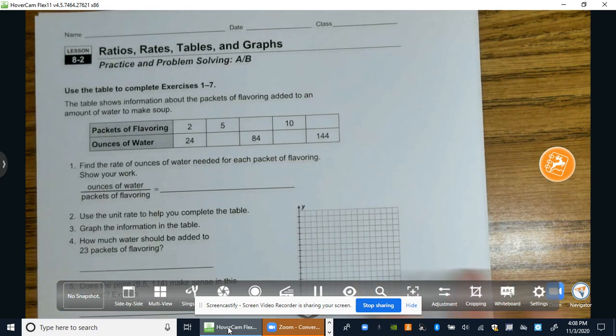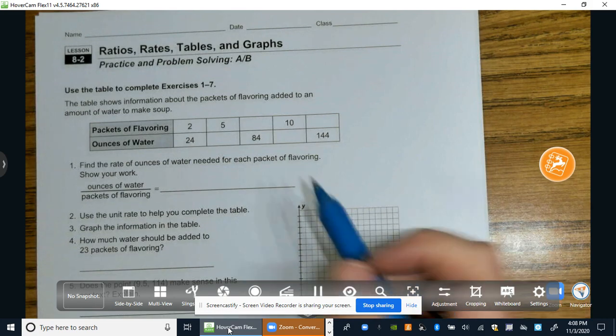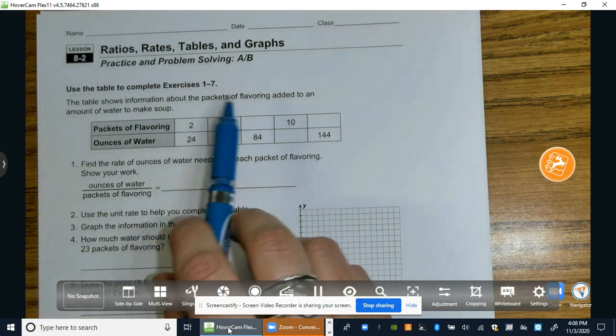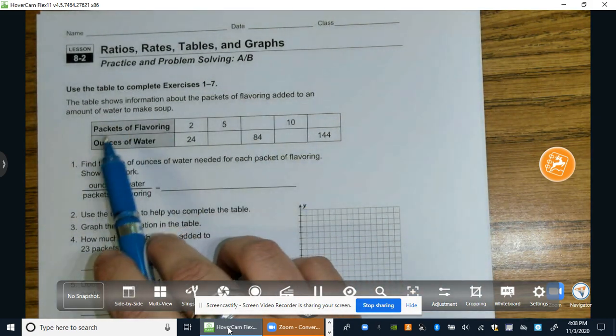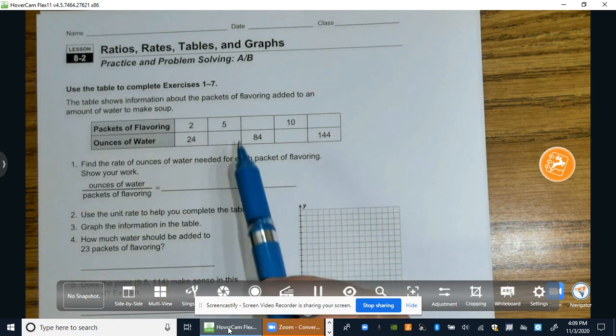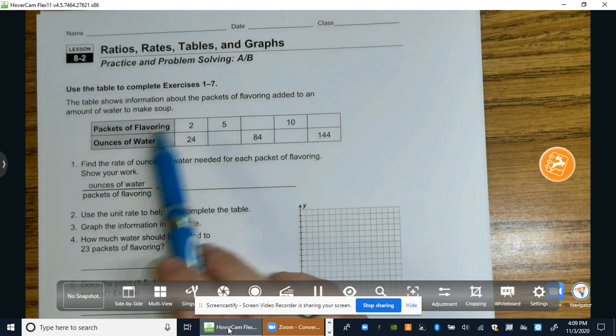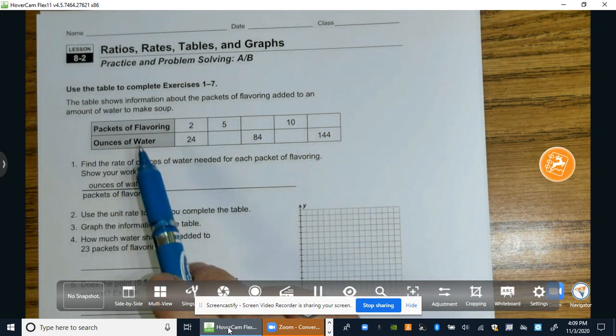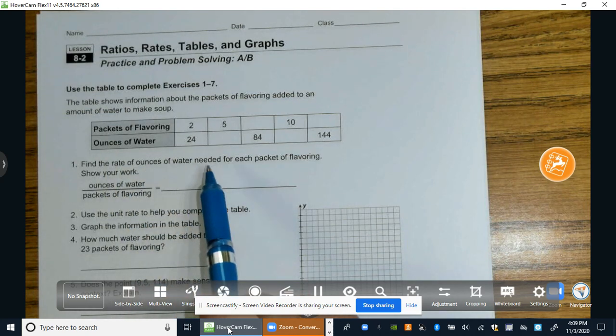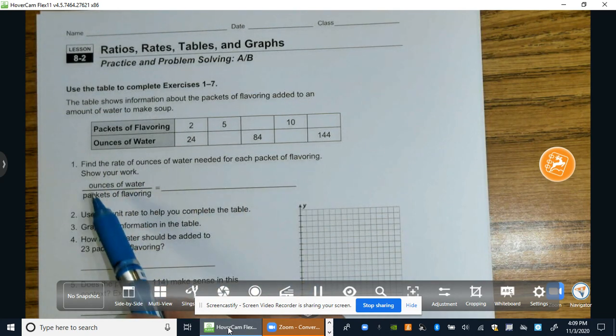So let's look at our page. So you are needing to figure out the amount of flavoring to add to the amount of water to make soup. So you're comparing packages of flavoring to ounces of water. So to find the rate of water we need for each package of flavoring, let's look.